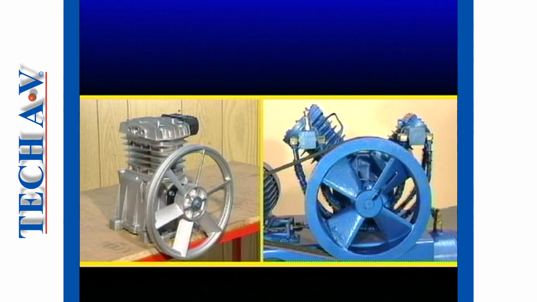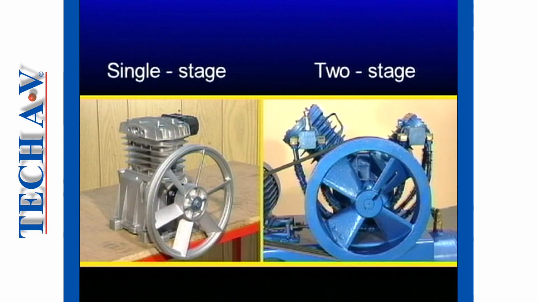There are basically two commonly encountered types of reciprocating compressor, namely single-stage units and two-stage units. Although they appear to be very similar, you'll see shortly that there are some important differences.